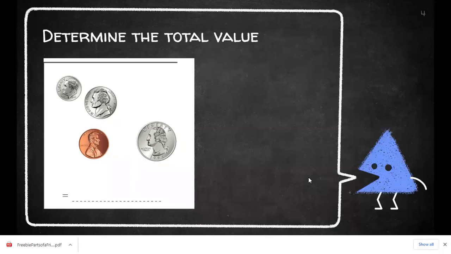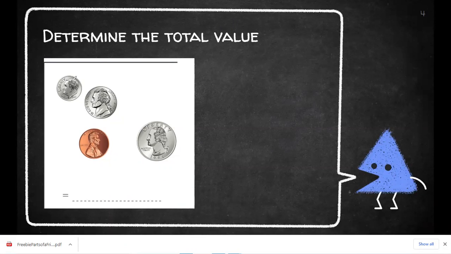So we're going to start now with determining the total value. We've had lots of practice, but just to review, we're going to go over it one more time. So we need to determine the total value. In order for us to do that, we need to start counting from greatest value to the least value.